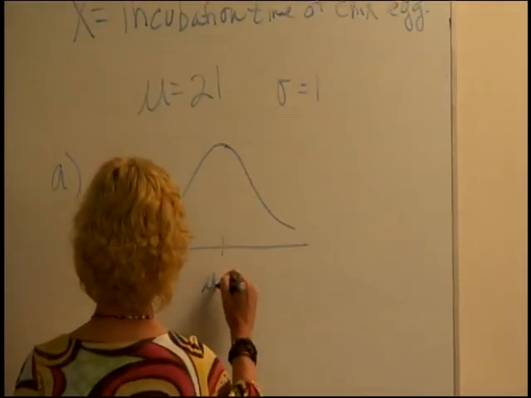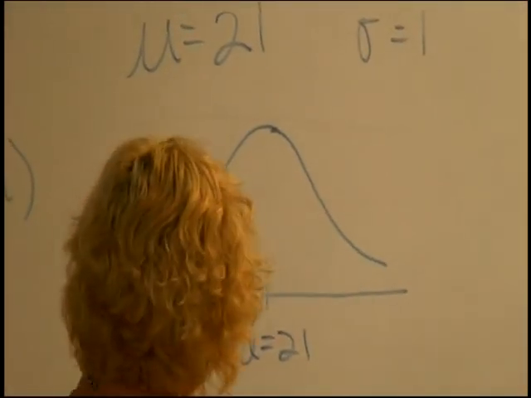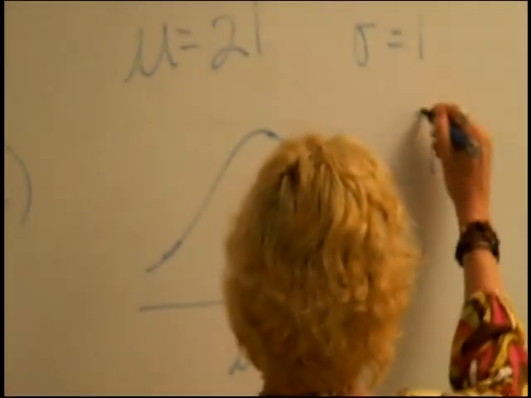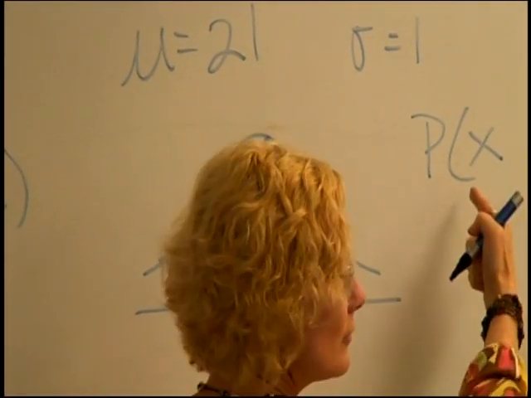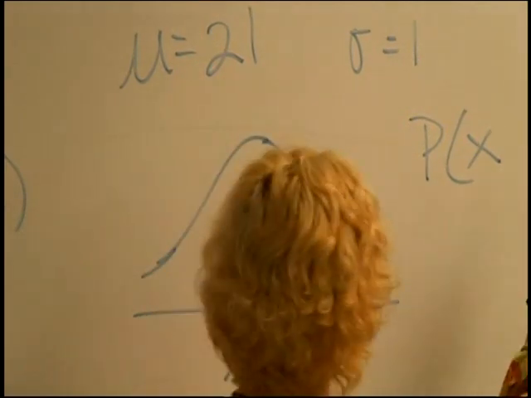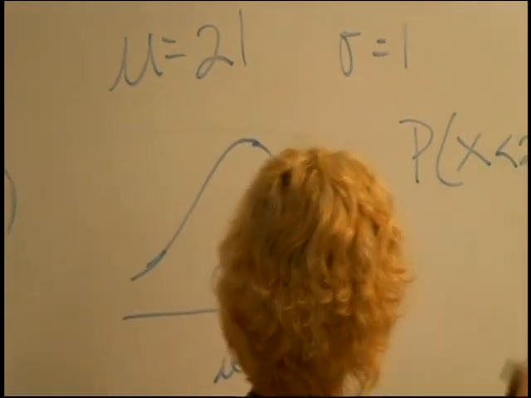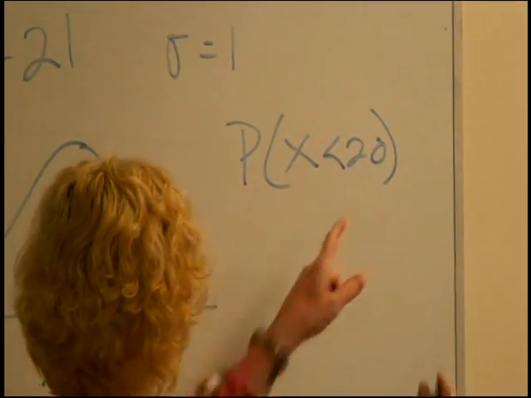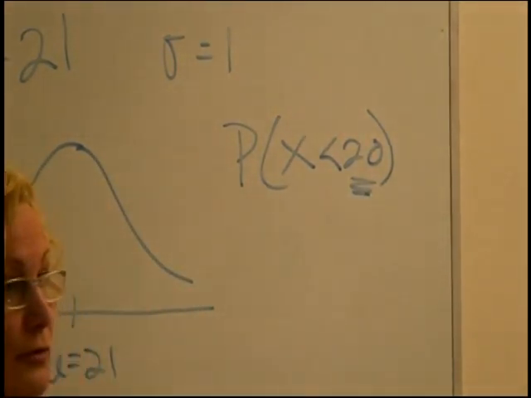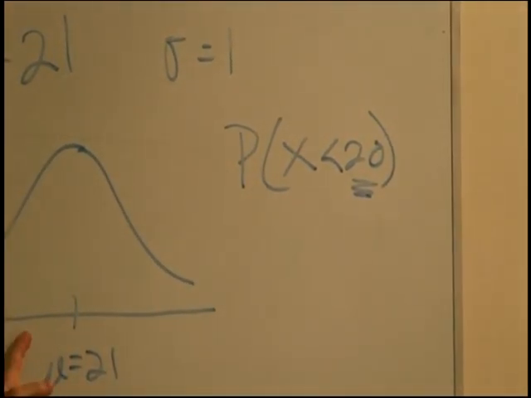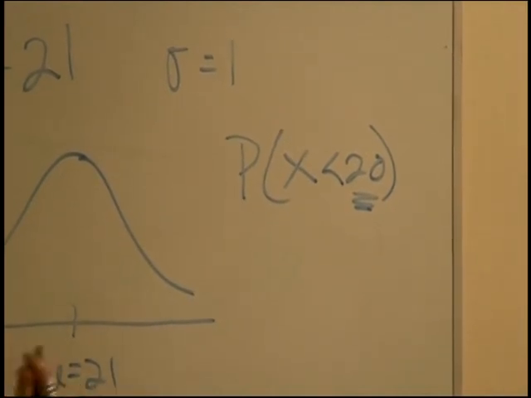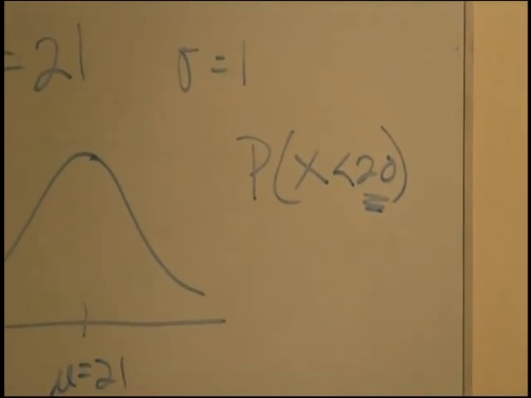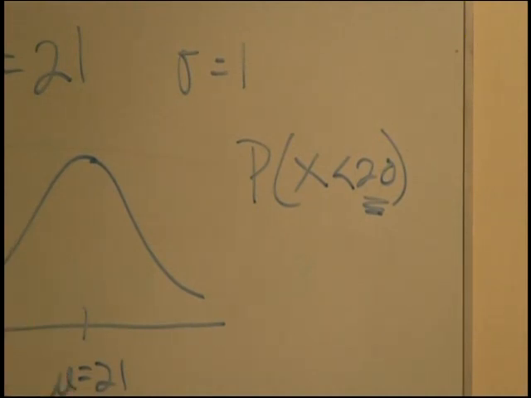So we've got a mean here of 21 days, and we want the probability that the hatching time of a chicken egg is less than 20 days. So this becomes your cutoff value. Find it in relationship to the mean. Remember, this is all about X, the distribution of the hatching times for the chicken eggs.